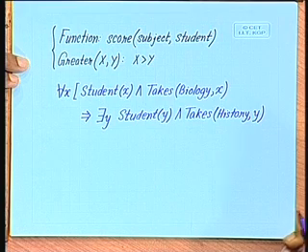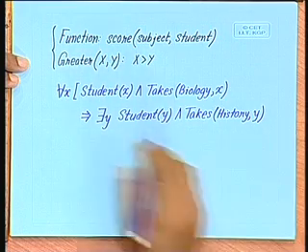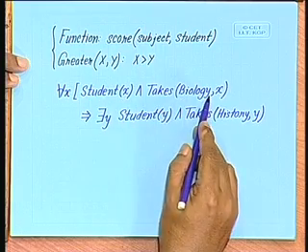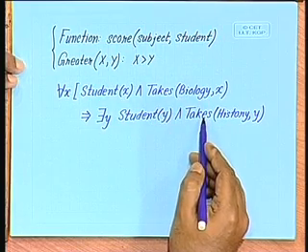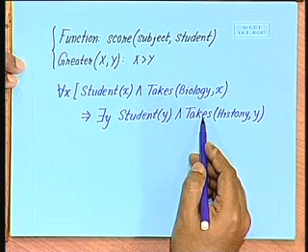There must exist a student of history. So, for every student of biology there must exist a student of history who has scored more, right.